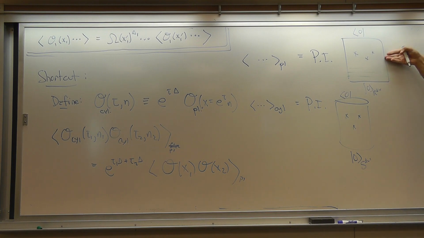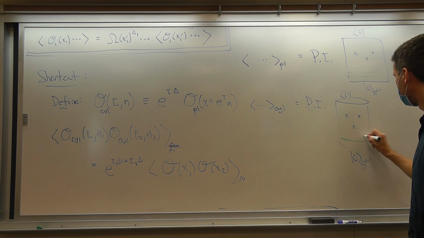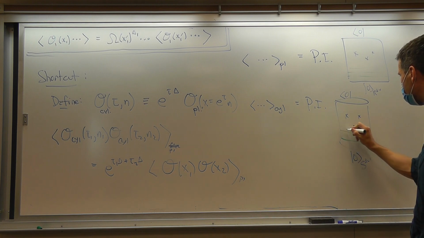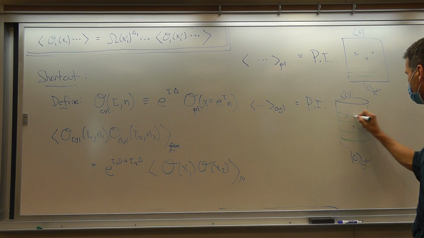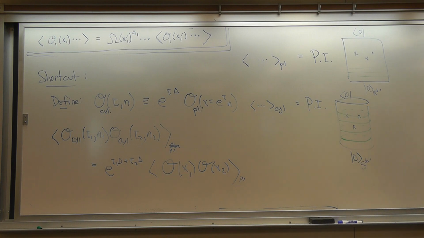This would prepare the Minkowski vacuum at time 0. A different thing we can do is go to the cylinder and chop things up in a way that's sort of natural on a cylinder. So now we're thinking about states which are in the sphere vacuum and then evolved using the time translation on the cylinder.